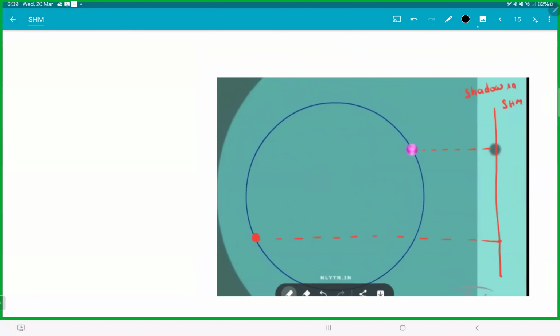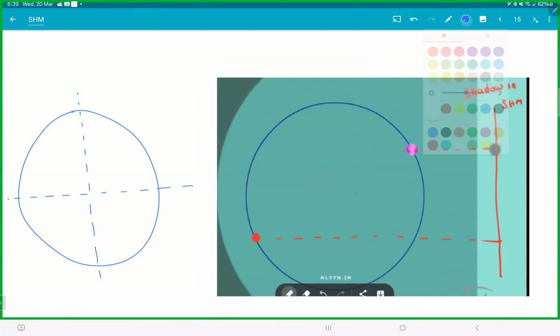So here what you're studying is the particle going in a line. If this is the particle's position 1, this particle's shadow is here. If this was the position of the particle 2, this was the shadow of the particle 2.